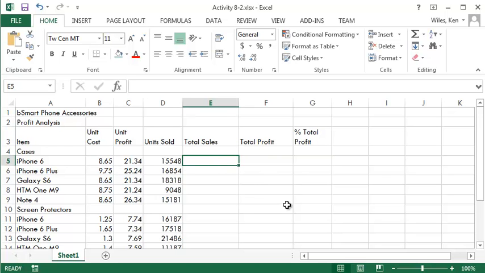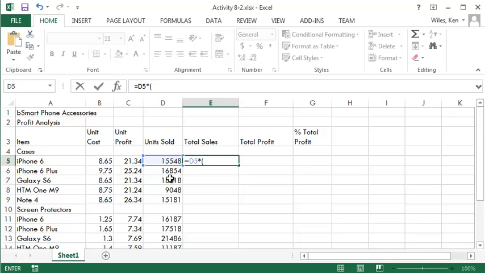So in cell E5, we need to enter a formula, and remember to enter formulas, we always start with an equals. And in E5, we're going to put in the formula that takes the units sold times the unit cost plus the unit profits. That's what I just talked about. Adding these two together will give us the sell price, which is $29.99, and then multiply that by the units sold. So to do units sold, I'm just going to click in this cell right here, units sold, then I'm going to do times.